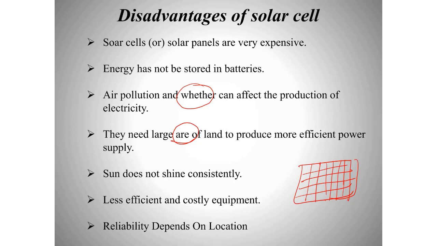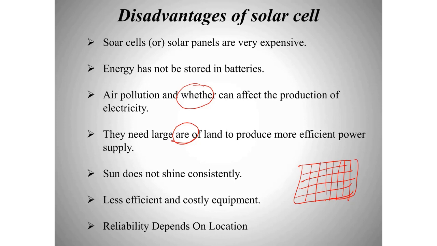So basically what I am trying to say is that these solar cells are actually very less efficient, mostly 10 to 15% efficient. It can only capture a fraction of the theoretical energy. This is why solar panels should be bigger in size.